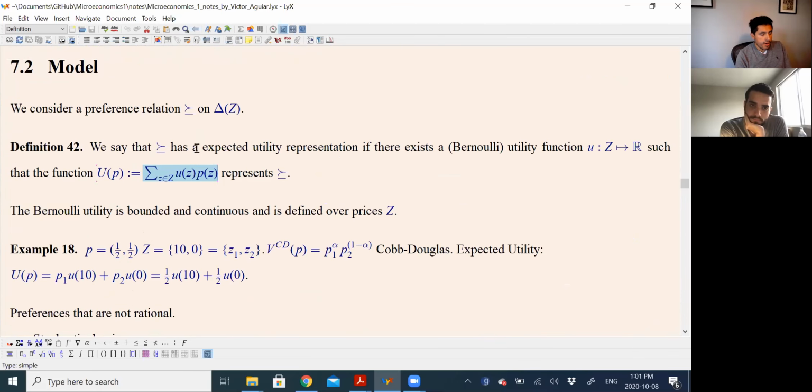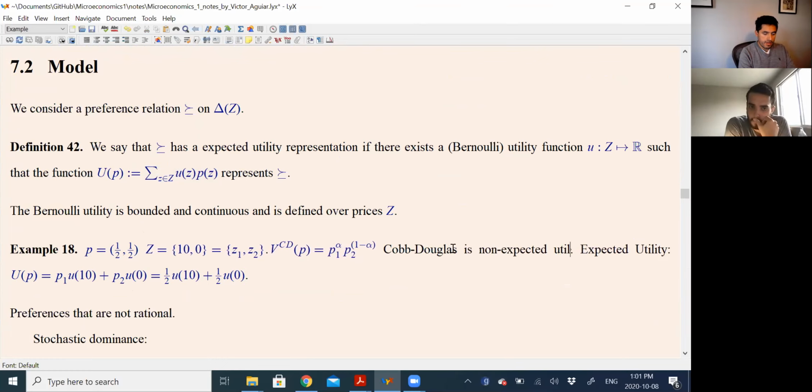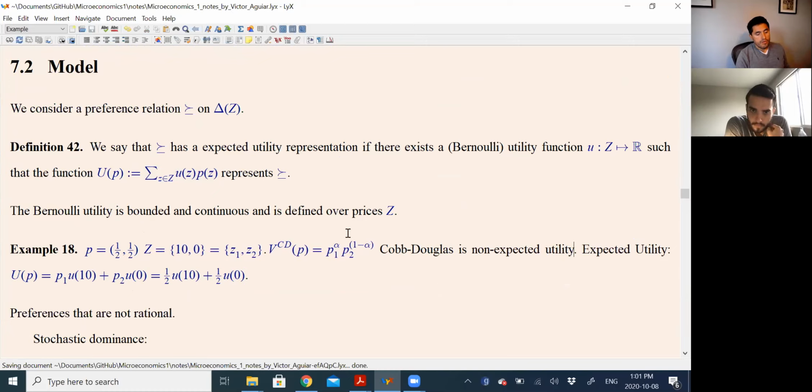Now, examples like the Cobb-Douglas that I created here are non-expected utility, right? In particular, this fails the independence axiom. So if you mix with an R, imagine V_CD of P is greater than or equal to V of Q. So what happens if I mix alpha P with R?